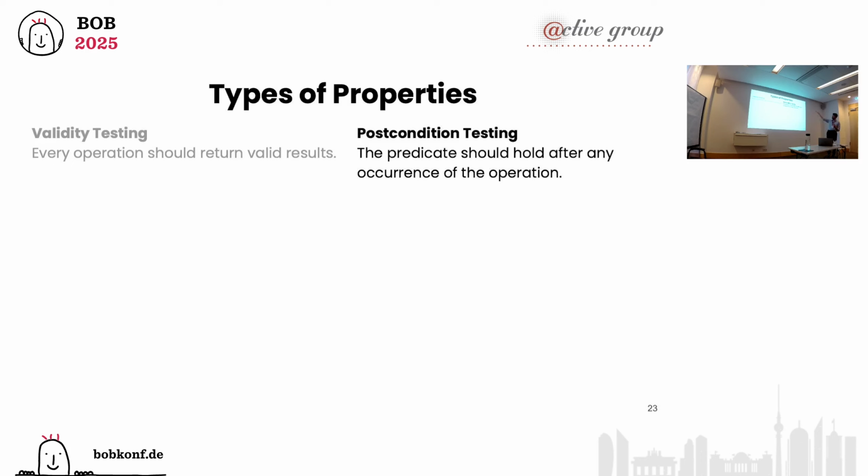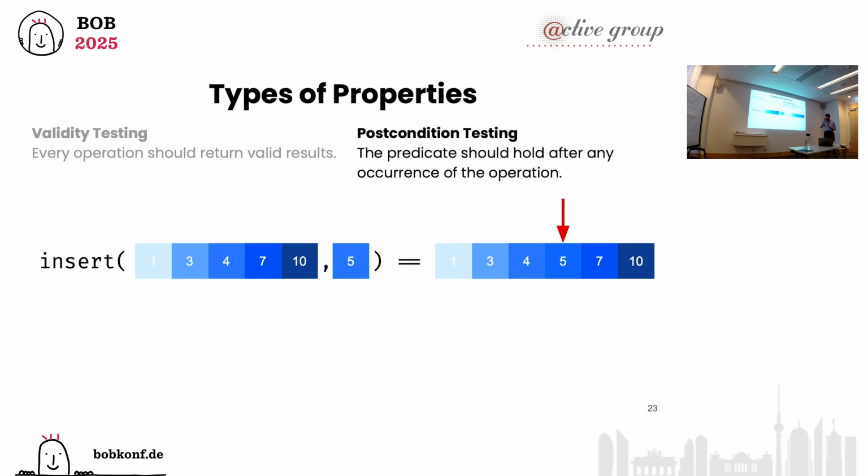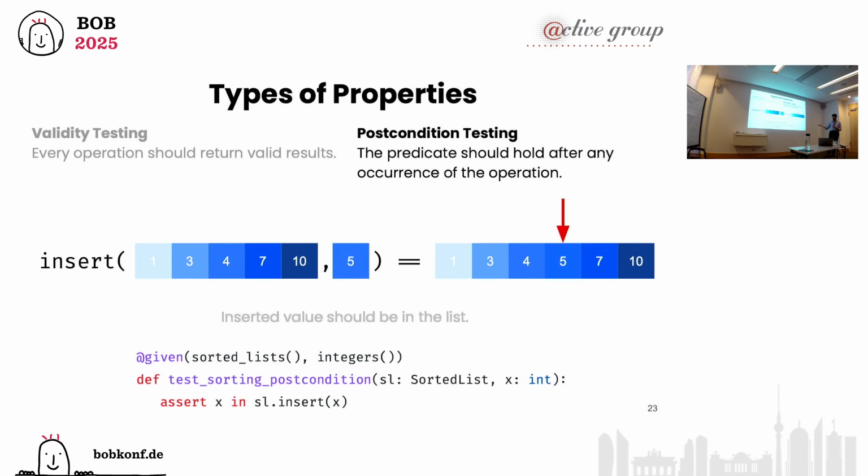Almost all of the validity conditions can be thought of as post-conditions, because you do some operation and then you check it. But this one is much more general. You can have any predicate here. One predicate that I have is: the inserted value should be in the list. We had already written this before, right? It is the same property that we had for lists.